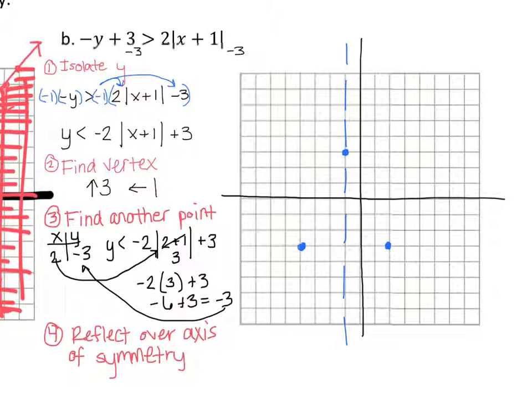Okay, step 5 is just figuring out what our line should be and our shading. So should the line be solid or dashed? Dashed, because it is not or equal to.